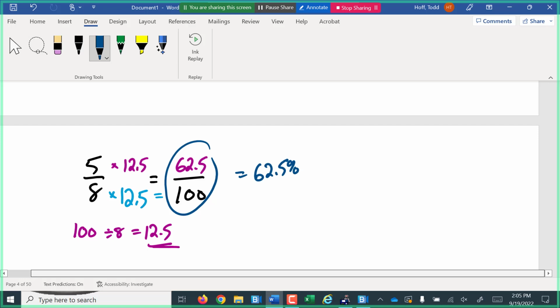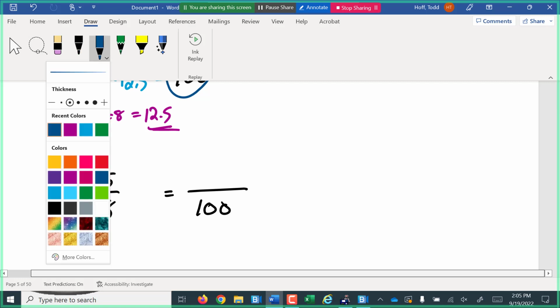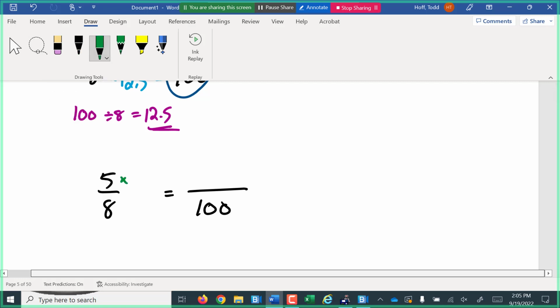But if we look a little more closely at what we did here, we had 5 over 8 and blank over 100. What we did to figure out what we were going to multiply the 5 by was we took this number, 100, divided by this number, the 8. 5 times 100 divided by 8 gave us that 62.5.